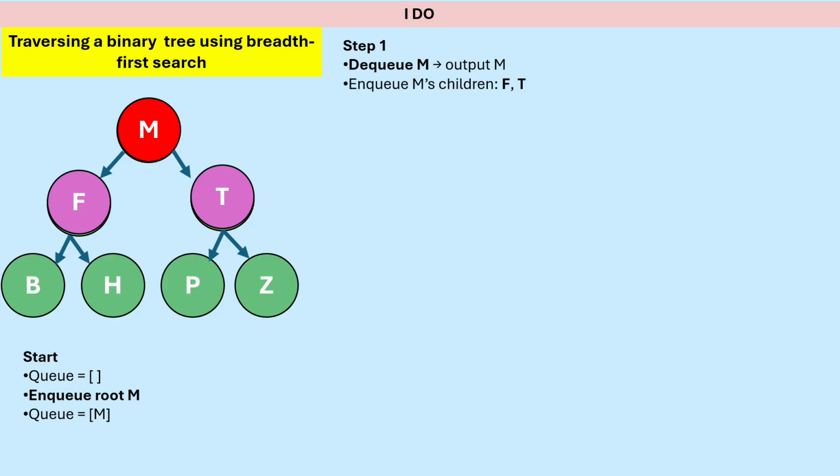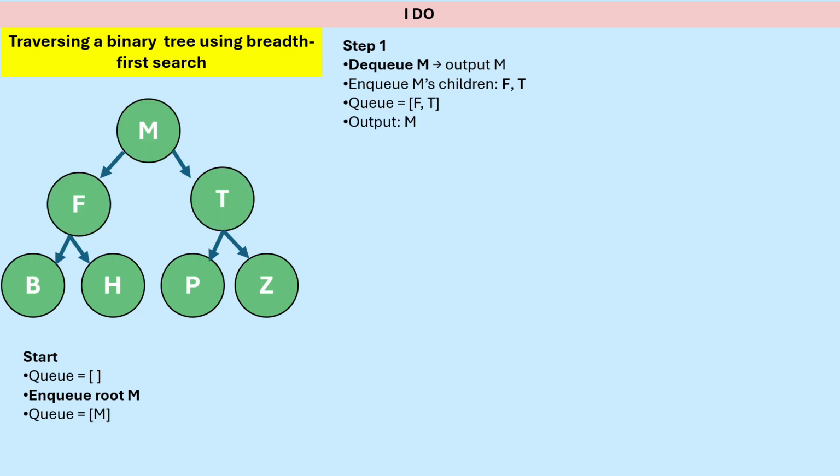Its children are F and T. I've color coded it. M is the one we're dequeuing. F and T are the ones we're enqueuing. Now, if you think about our queue, we had M first. M is coming out, and we're putting F and T in the queue. So our queue will look like this. It will have F, T. And then we output M.